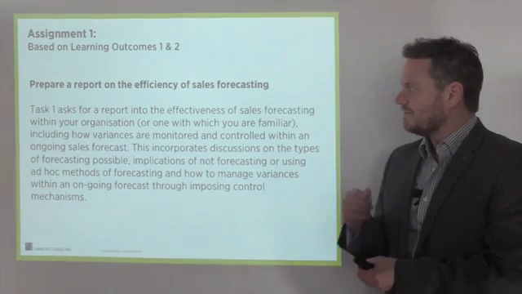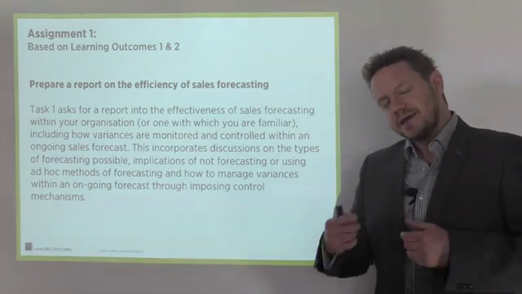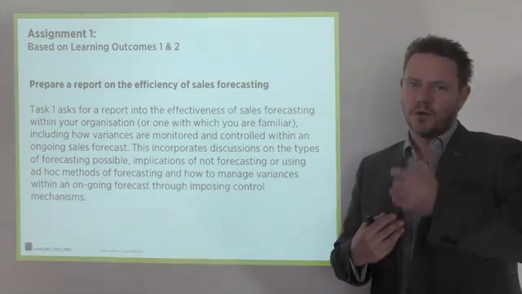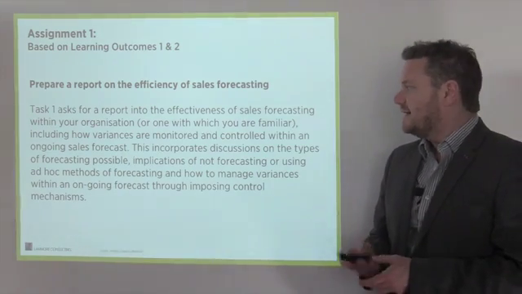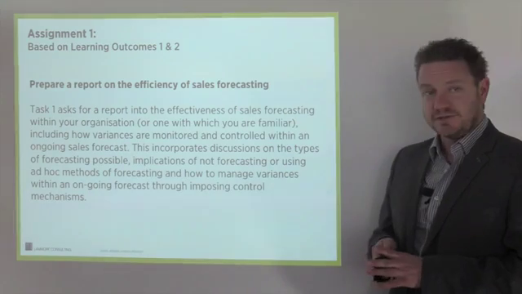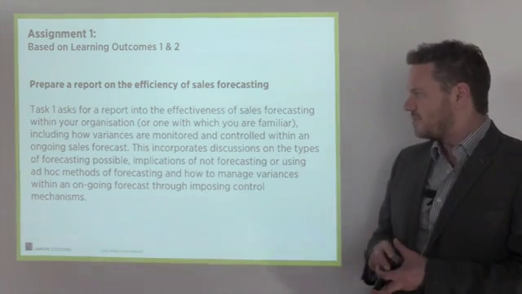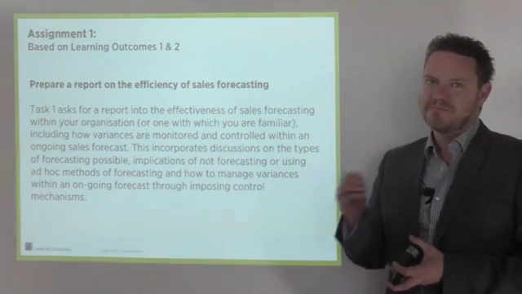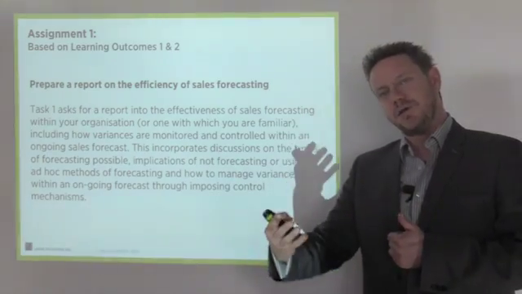And you must include how variances are monitored and controlled within your ongoing sales forecast. Think about the timescales that that's done on, what the reporting systems and mechanisms are, who is involved in that, and so on. It must incorporate discussions on the types of forecasting possible, implications of not forecasting, of using ad hoc methods of forecasting, and how you manage variances over time within the organisation to create an ongoing forecast.